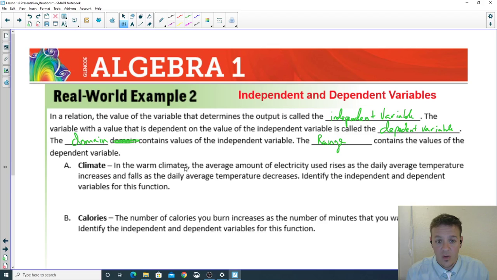So in warm climates, the average amount of electricity used rises as the daily average temperature rises and then falls as the temperature falls. Identify the independent. So the independent variable would be your daily average temperature, right?